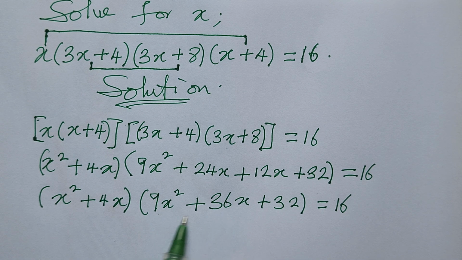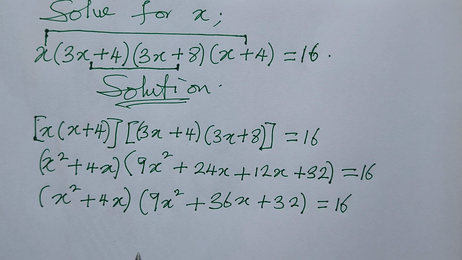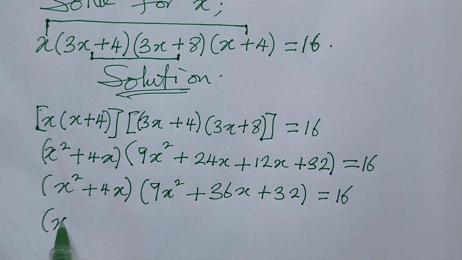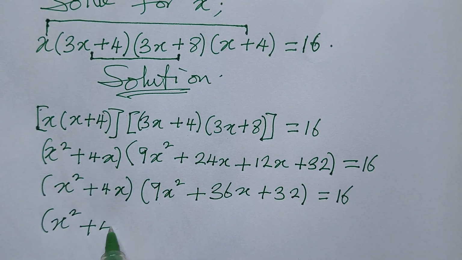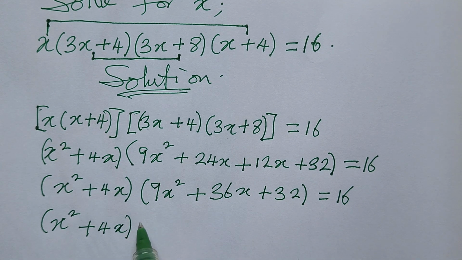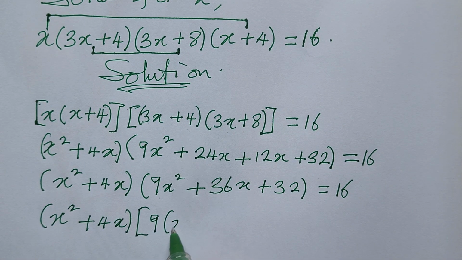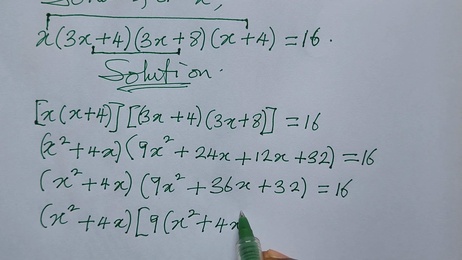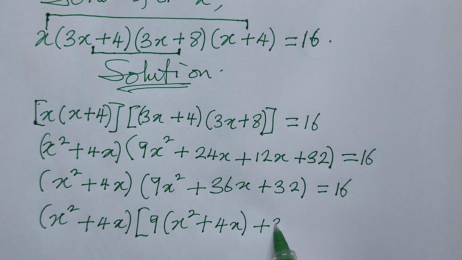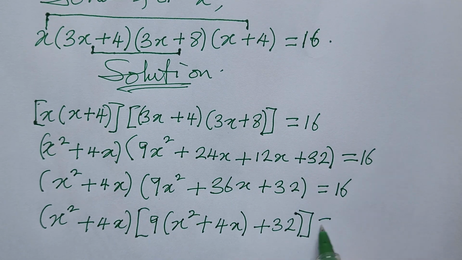If we factor out 9 from here, we're going to have (x² + 4x)[9(x² + 4x) + 32].